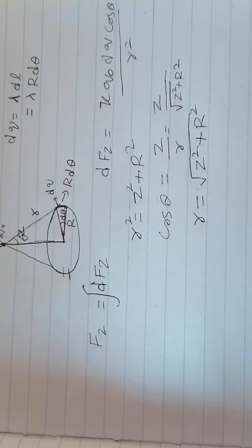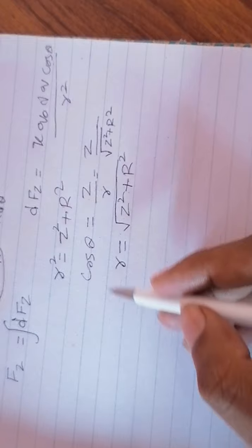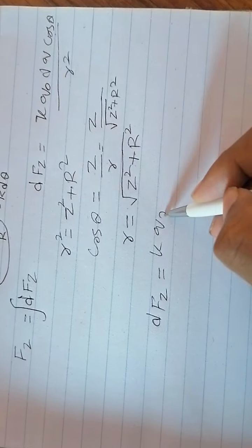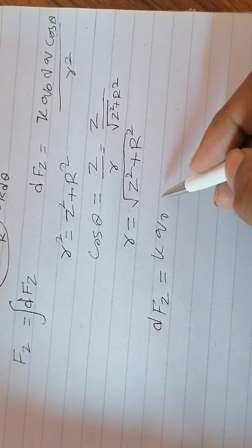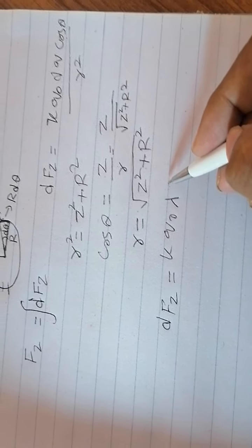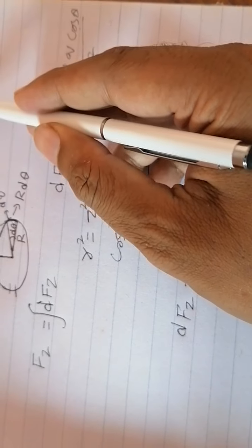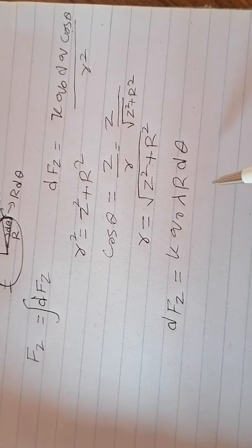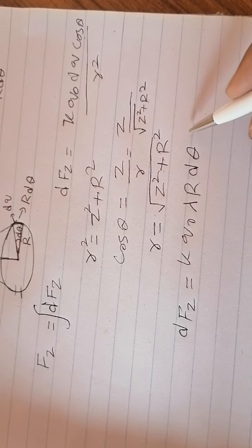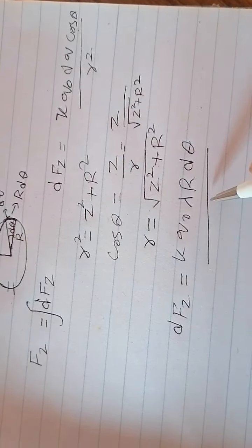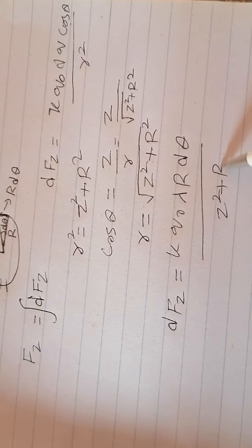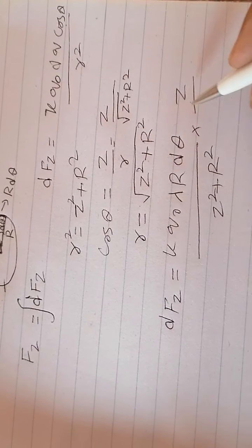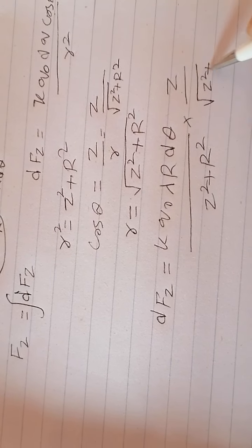So dFz will be equal to k q naught times dq, and you know that dq is equal to lambda dl, or lambda r d theta, over z square plus r square, times cos theta equal to z over under root z square plus r square.